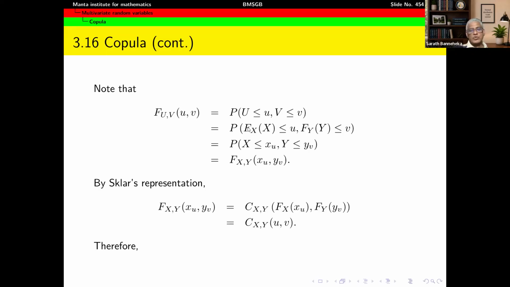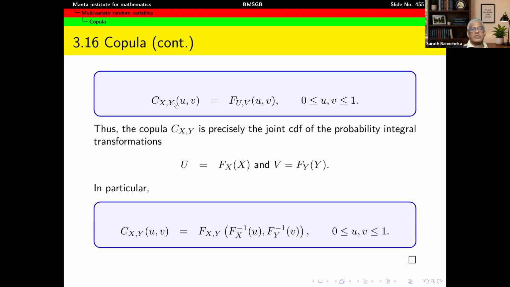So therefore, those two give us C_XY(u, v) is equal to F_UV evaluated at (u, v). So it says C_XY(u, v) is equal to the joint CDF of U and V. So that is one form of this unique copula related to the joint CDF of X and Y.